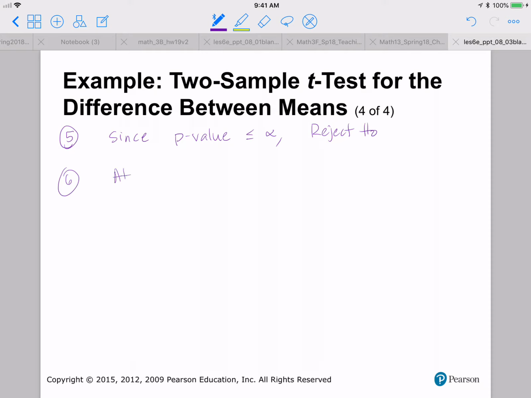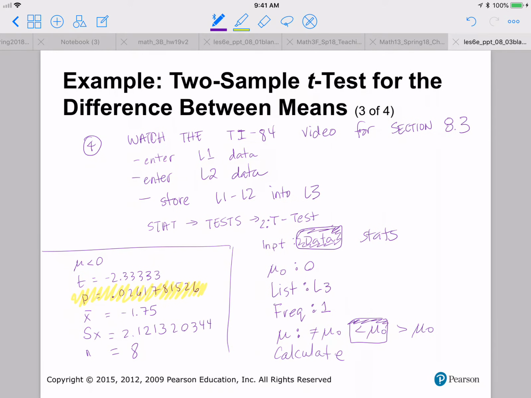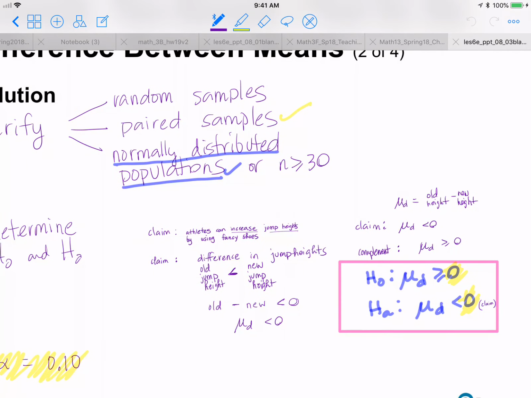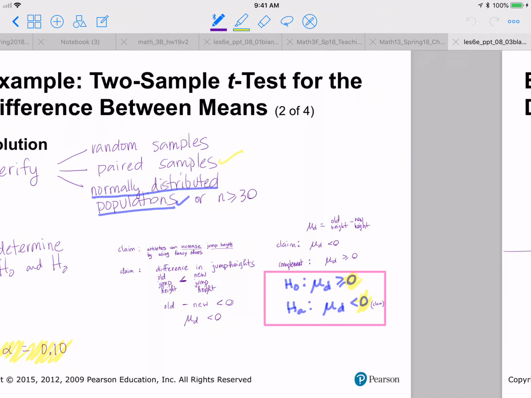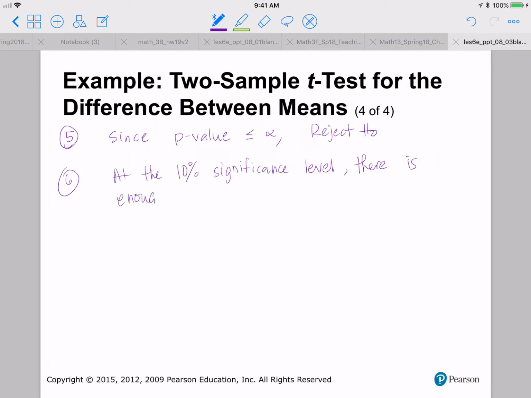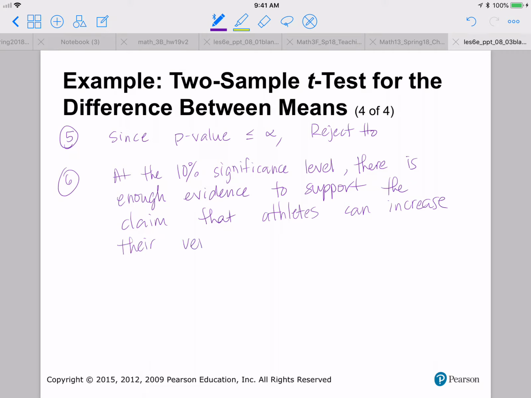I would say at the 10% significance level, if I rejected H naught and my claim is HA, there is enough evidence to support the claim that athletes can increase their vertical jump heights with those fancy shoes.